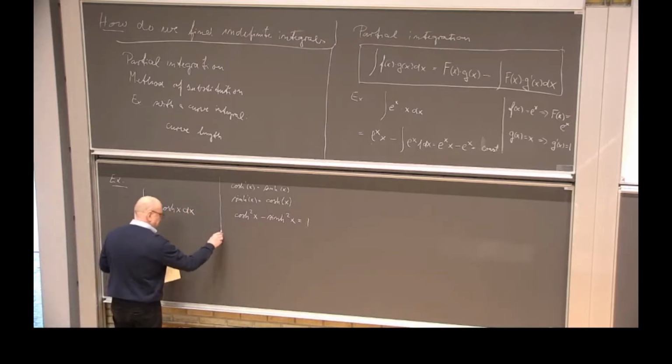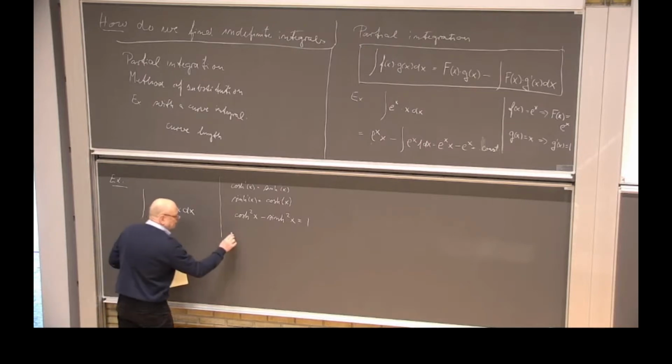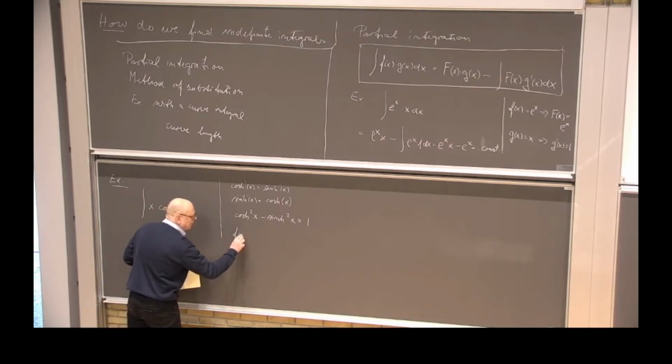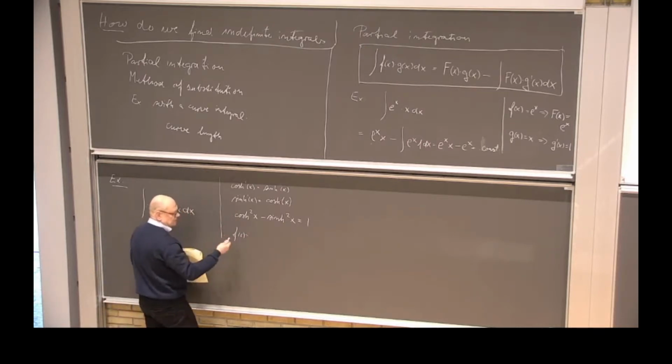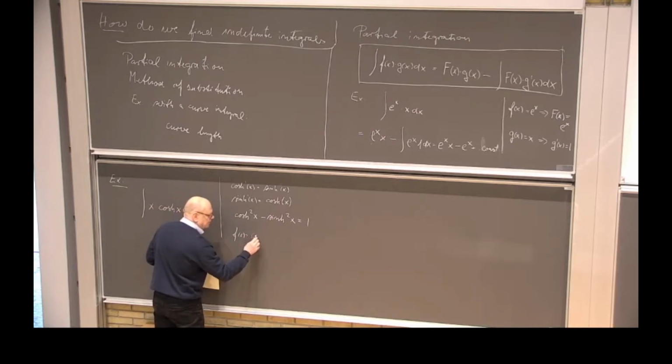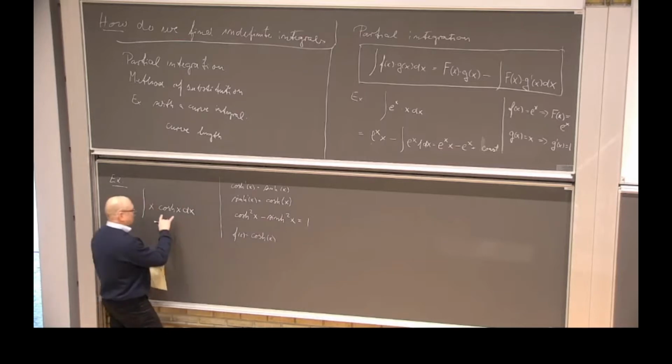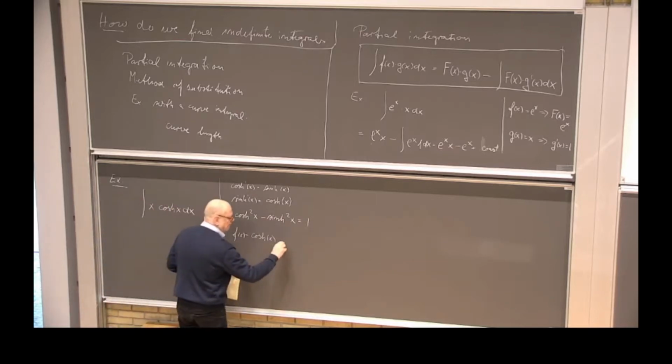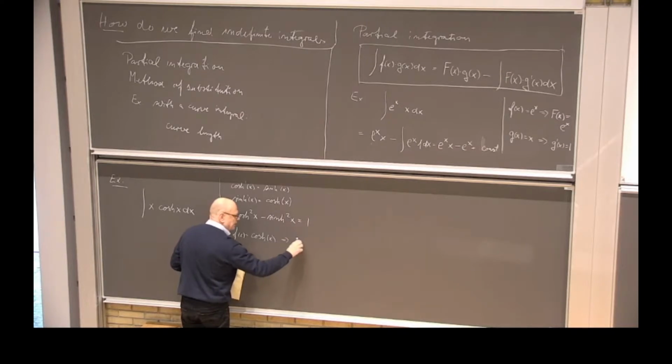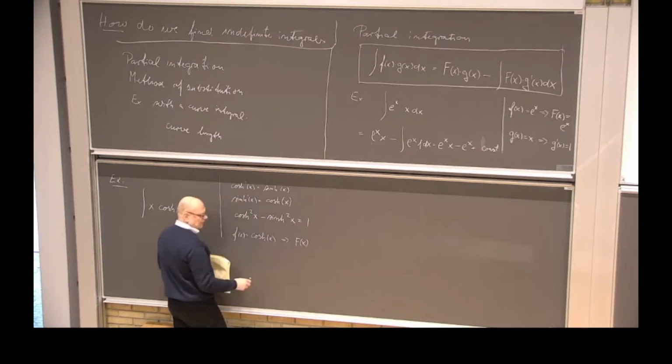Now, I should put f of x equal to cosine hyperbolic of x, because this is the easy one to integrate. Then I get the indefinite integral of this one.